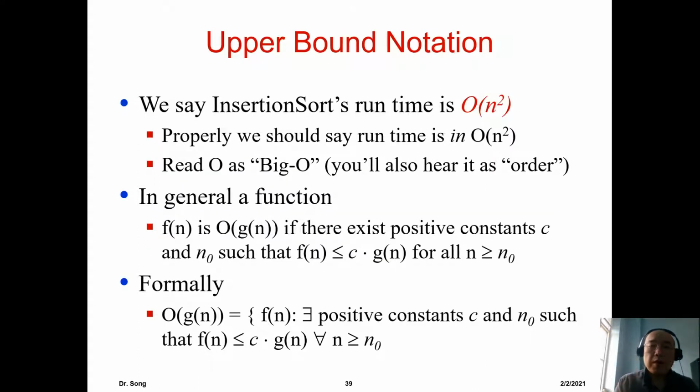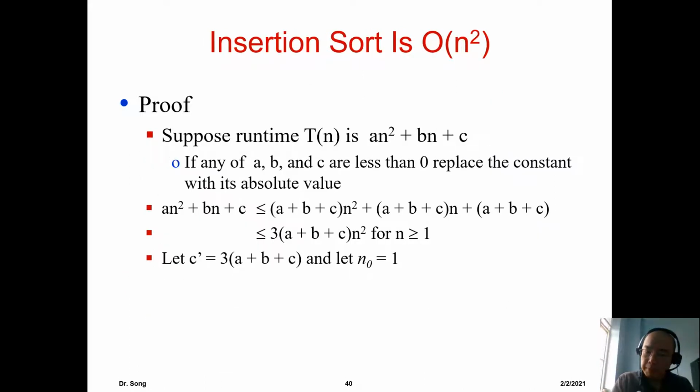Remember, when we are figuring out the big O, there are two important constants we have to figure out: the constant c and the constant n0. So for the constant c, we can use 3 times (a plus b plus c), and for the constant n0, we can use n0 equals 1.